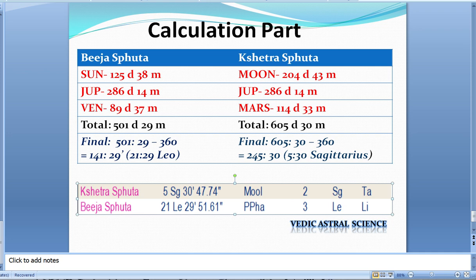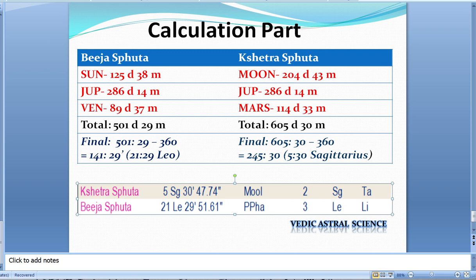The Kshetra Sphuta will be in Sagittarius in the D1 or Rashi chart, and it will be in sign Taurus in the Navamsa. So in Rashi it is in an odd sign, and in Navamsa it is in an even sign. So we can conclude that the chances are 50-50.